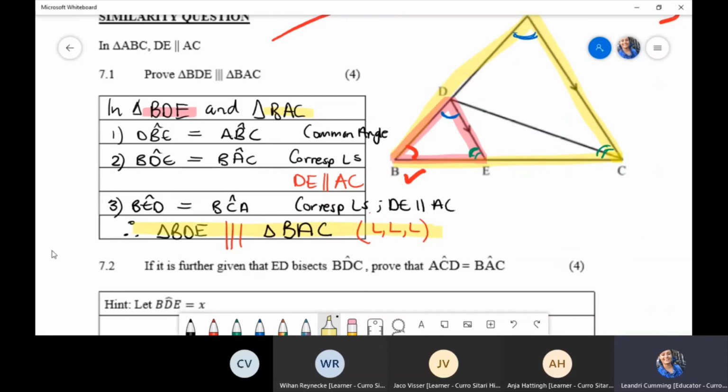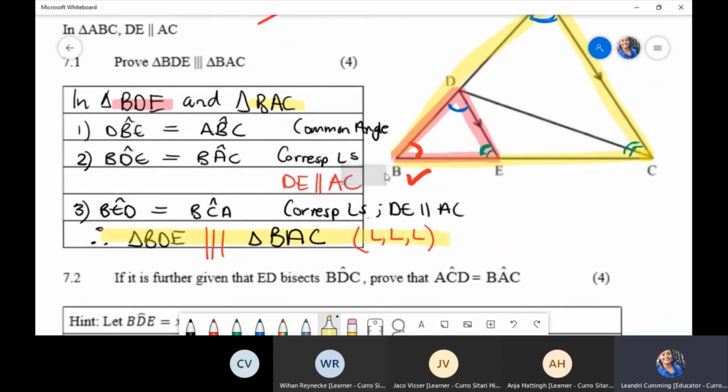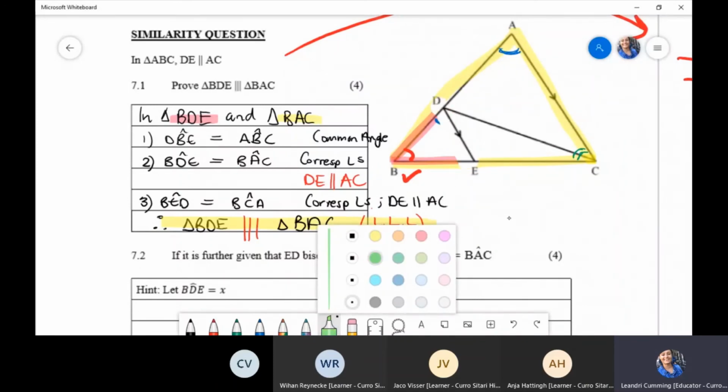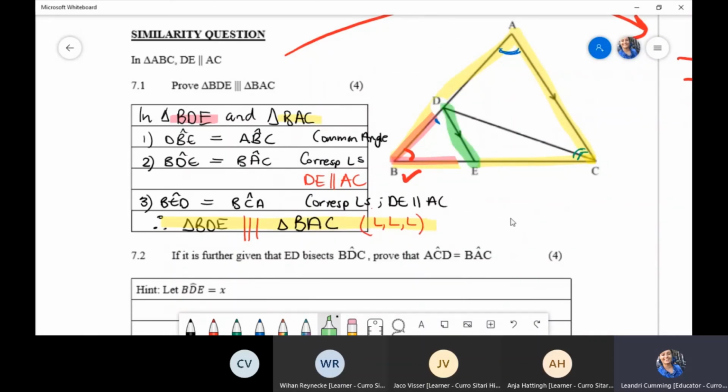Now that we have proven our triangles are similar, we can see that the yellow one is basically an enlargement of the red one, but the angles are still the same measure. Now, it is further given that ED, where's the line ED? Okay, so ED is here. Let's make ED green. It's further given that ED bisects angle BDC.